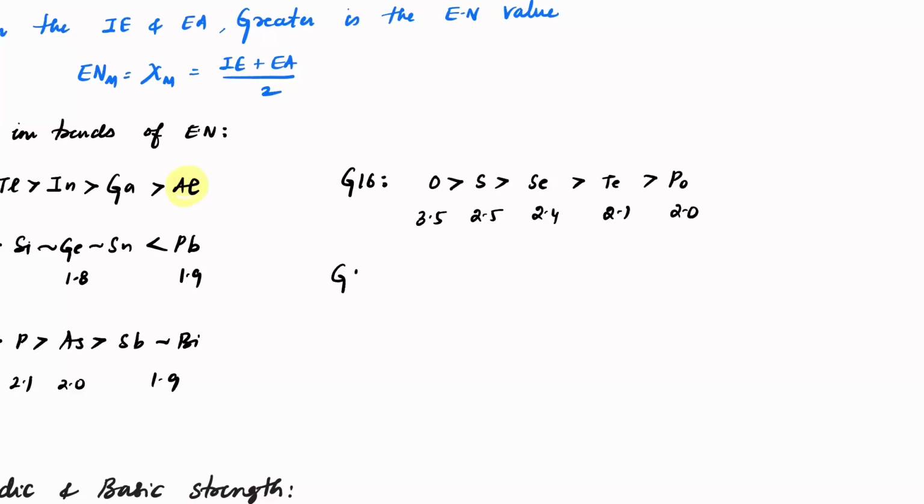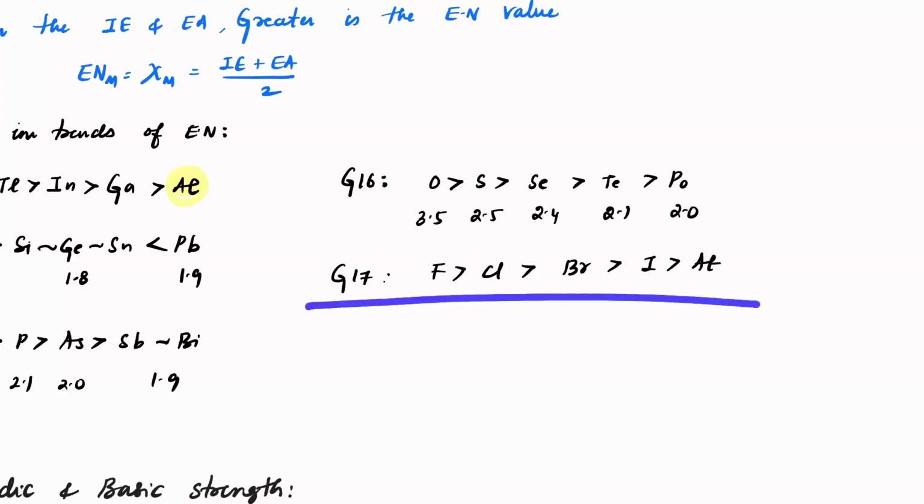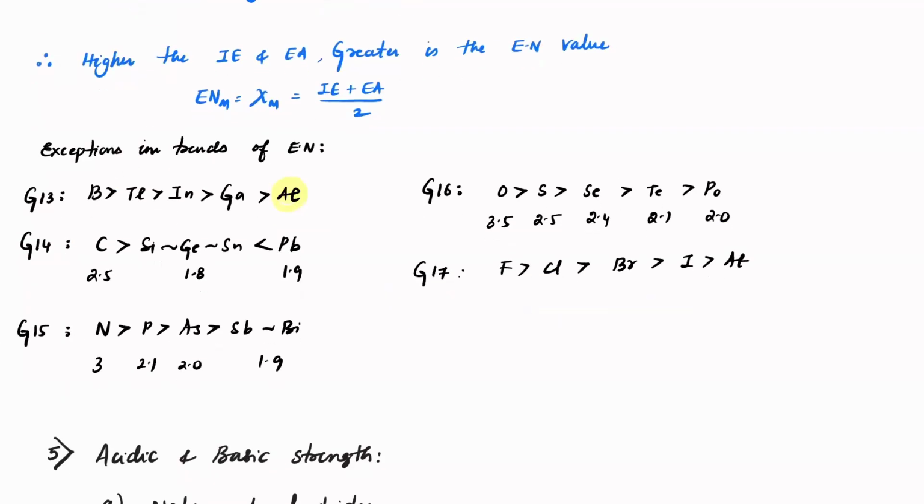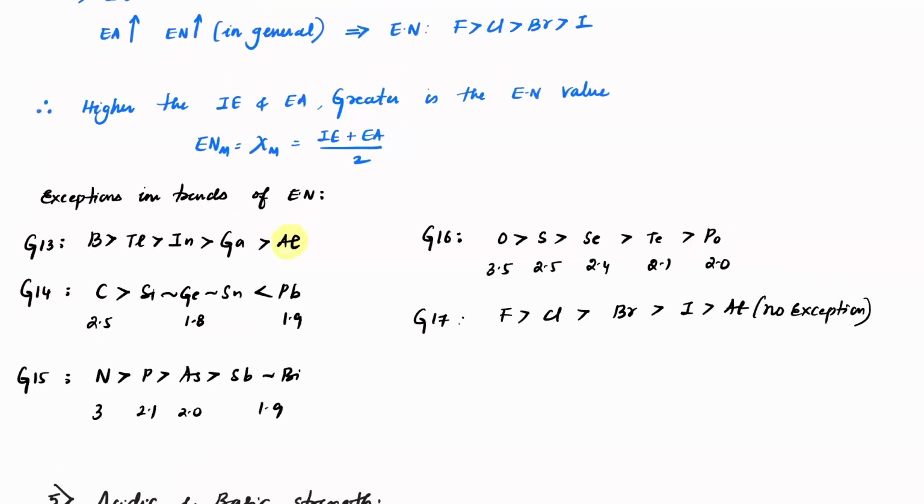Then group 17, if you notice, fluorine, chlorine, bromine, iodine, astatine. This is a regular trend in case of group 17. I'll just write down no exception. That's it. These are the trends which you need to know for electronegativity. Clear?